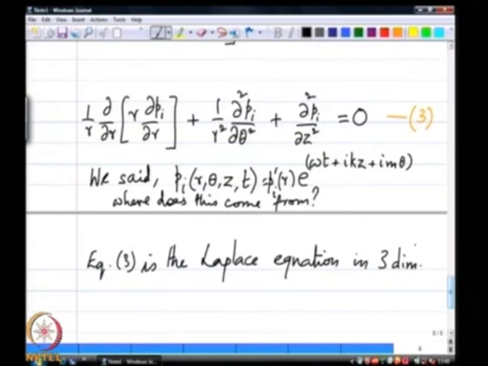If I replace this P I with capital T for temperature, it is the standard heat conduction equation in cylindrical polar coordinates, the steady state heat conduction equation in cylindrical polar coordinates. How would you solve that equation? You have to first identify which are the homogeneous directions and which is the direction in which you may have some sort of an inhomogeneity, right.